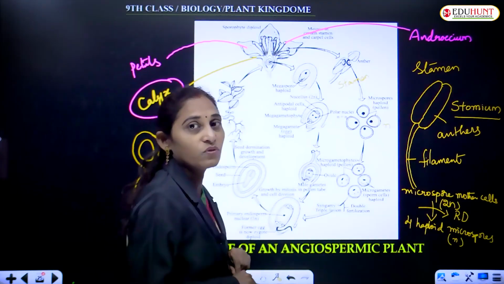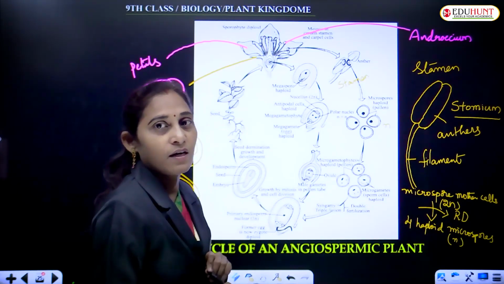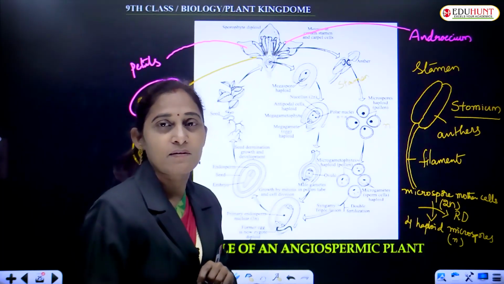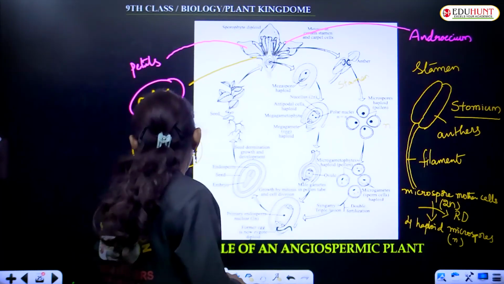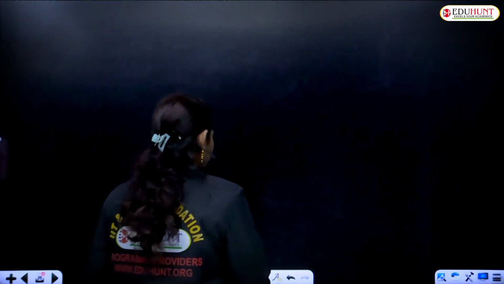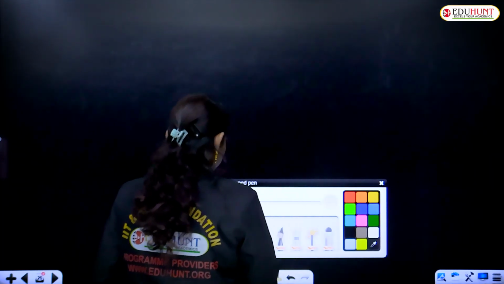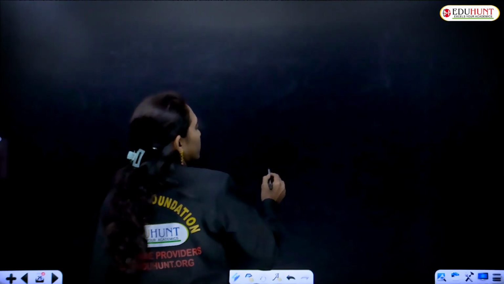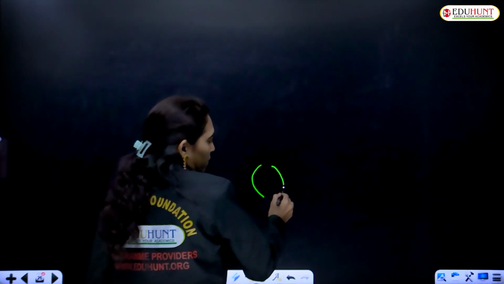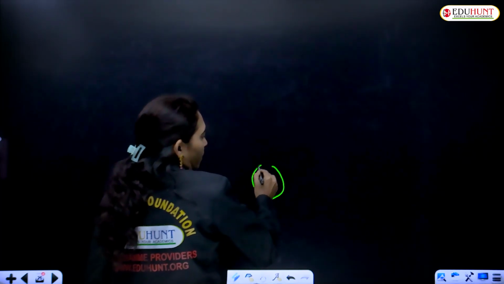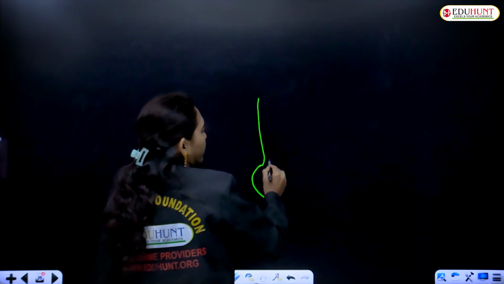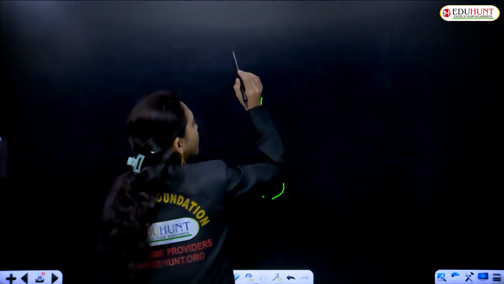It has three parts. The swollen, broad basal region is called the ovary. This is the basal region of the gynoecium.